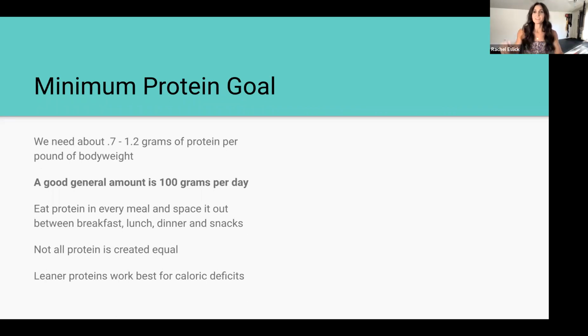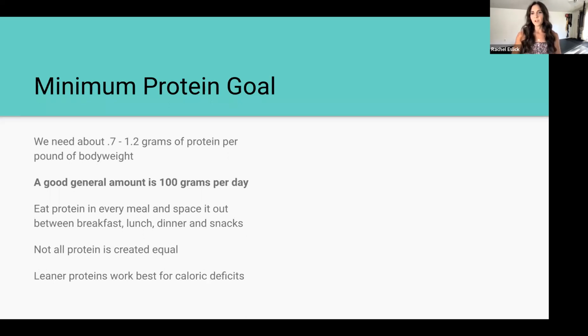So protein at breakfast, protein at lunch, protein in your snacks, protein at dinner, and just divide it up. If you're trying to get to 100 grams of protein, go like 25 at breakfast, 30 at lunch, 30 at dinner, and another 15 throughout the day when you're eating your snacks. Don't forget about it and save it till last, because you won't hit your goal if you're going about it in that type of a way.